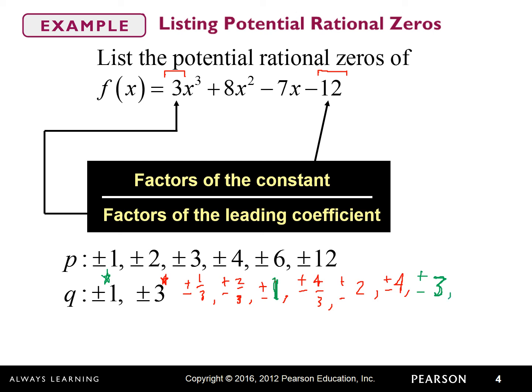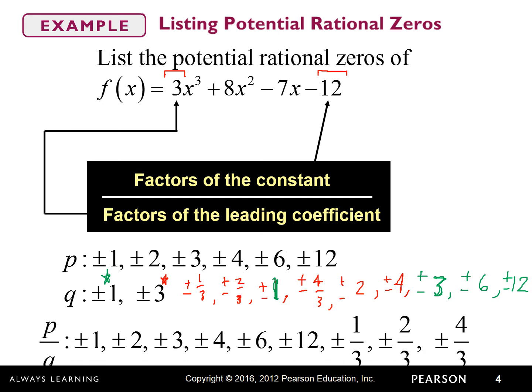Plus or minus 6 over 1, got to list that. And plus or minus 12 over 1, list that. So that is a list of all of the possible potential, according to the theorem, rational zeros.